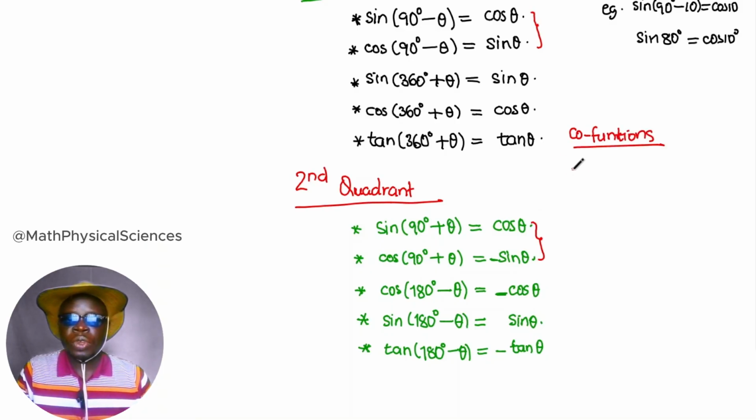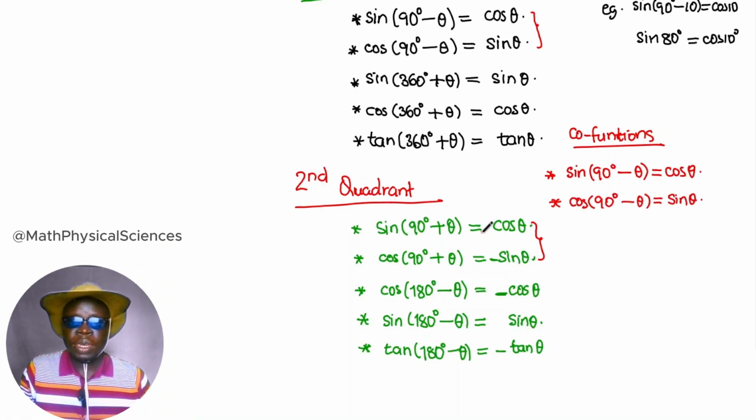So let's group them together, starting from here, and we have sine of 90 degrees minus theta equals cos theta. And the second one is cos of 90 minus theta equals sine theta. And the third one is sine of 90 plus theta is cos theta.